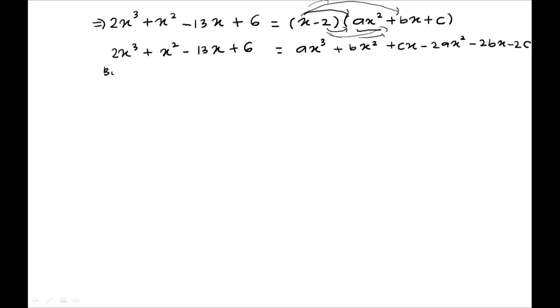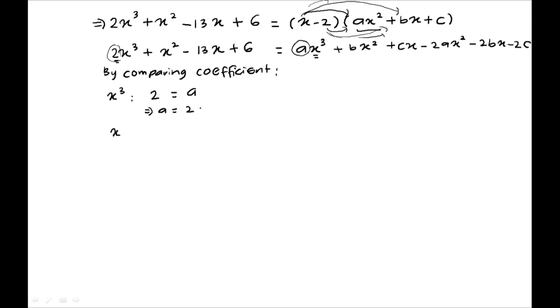So by comparing coefficients, first we compare x cubed. For the left hand side, our coefficient for x cubed is 2. So we have 2 equal to the right hand side, where the coefficient is a. So that's why we get a equal to 2. Next, we compare x squared.